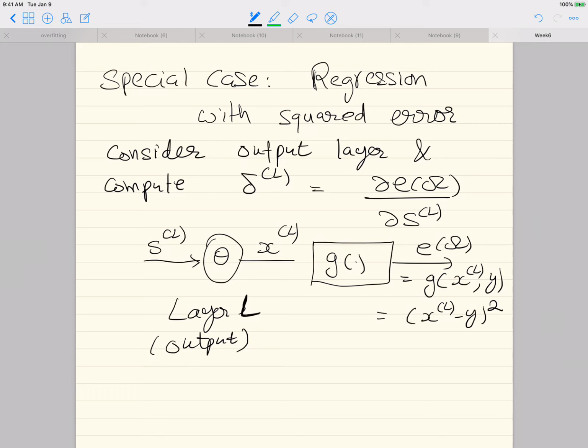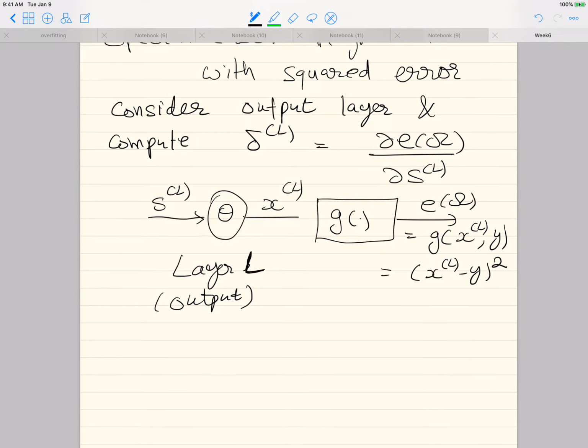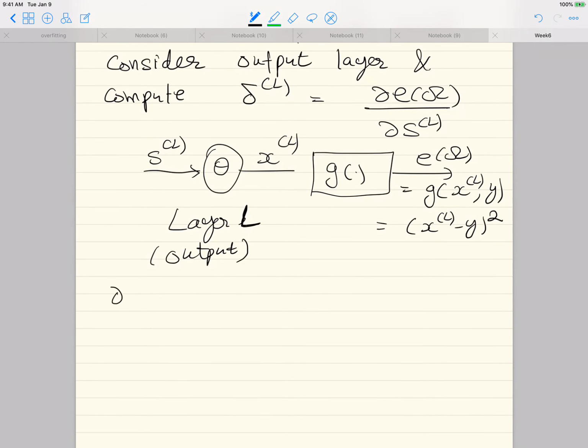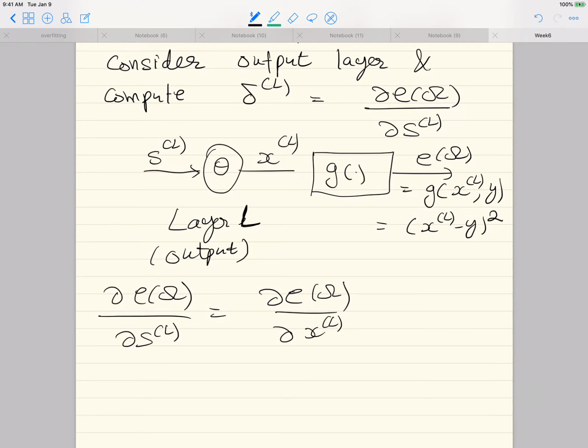And just open up your Excel. So what will it be? This is straightforward calculus. What I will do is first take the derivative with respect to XL and then take the derivative of XL with respect to SL.